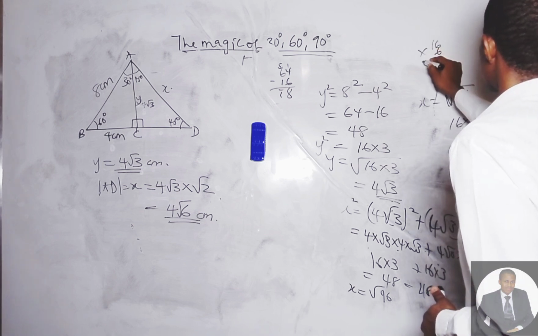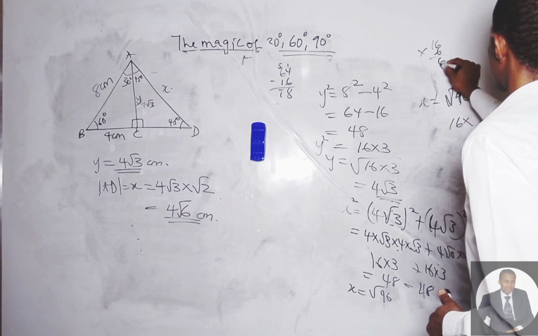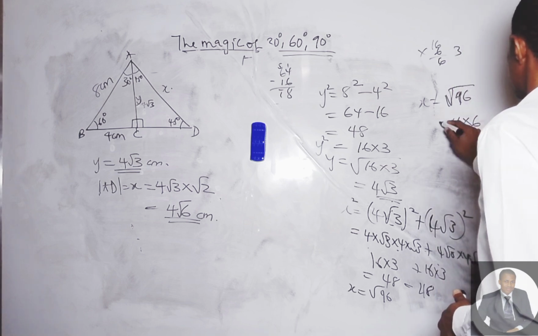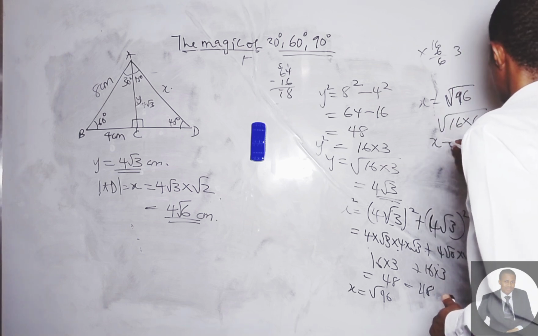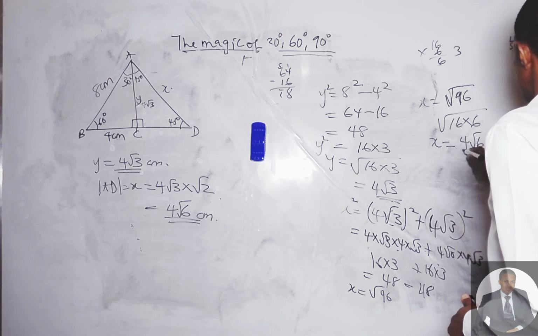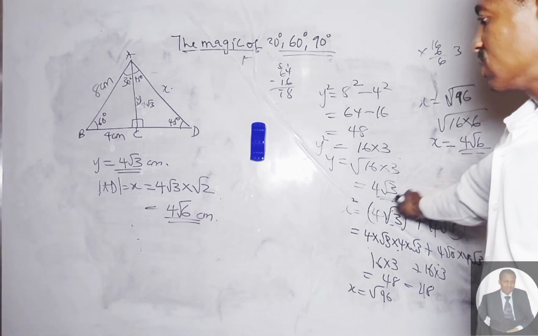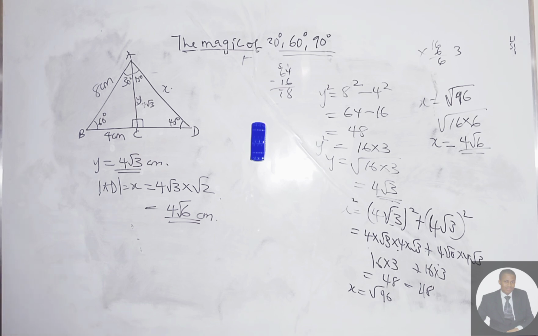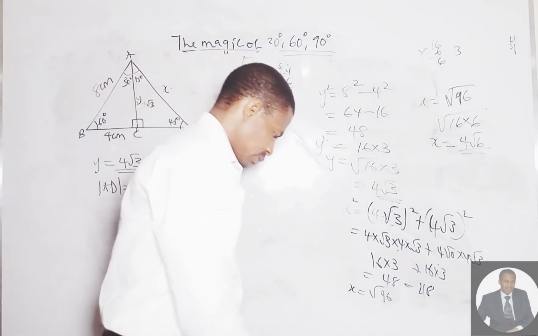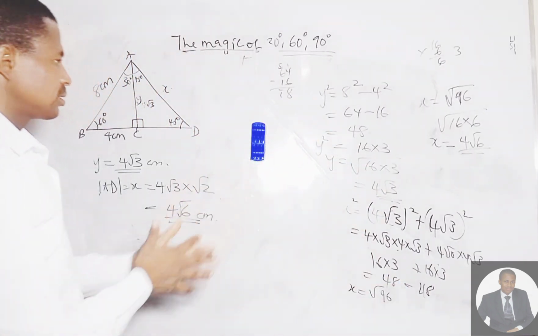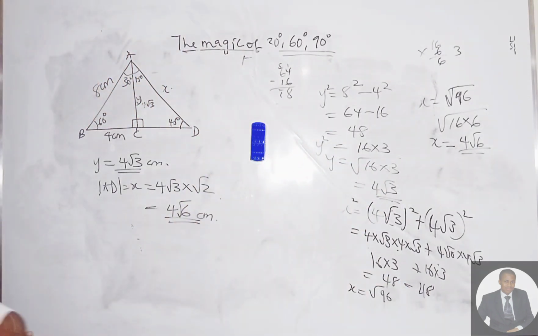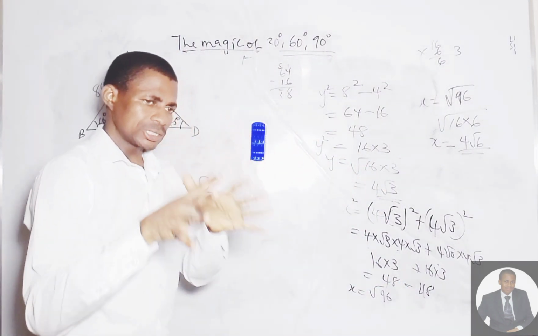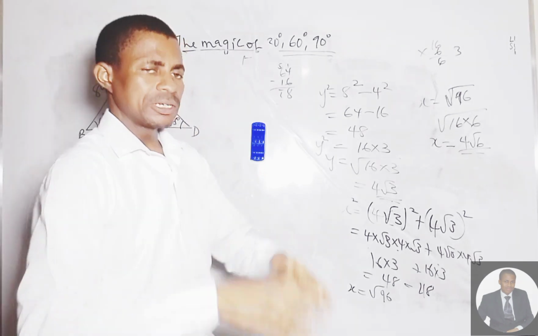So x will be 4 root 6. The same as before, 4 root 6. So I want to believe there is really a magic formula for 30, 60, 90 and 45, 45, 90.